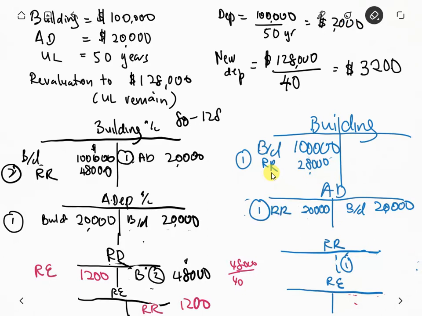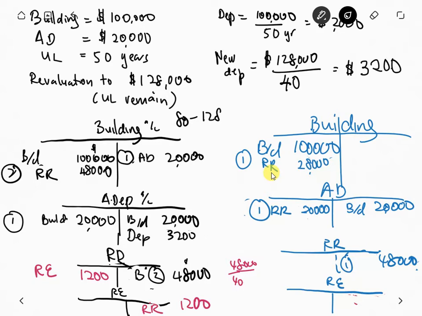Then, what happened now? I've put 48 here. So once I revalue, now 128, I will depreciate how much? Sorry, I haven't recorded the depreciation here. My depreciation was 3,200, debit depreciation, credit accumulated 32. Already 0, then I restart from 0, 32, after I revalue.